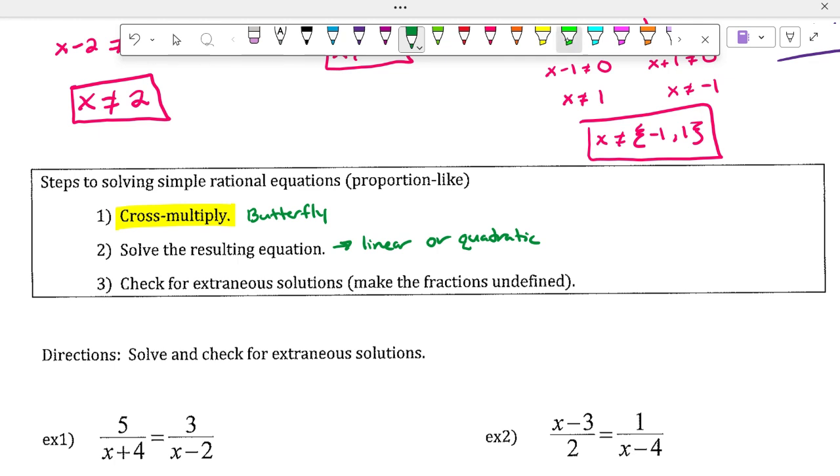And then you need to check for extraneous solutions. What they would do is make at least one of the fractions undefined. If it makes at least one of the fractions undefined, meaning it makes the denominator equal to 0, it's an extraneous solution. And what do we do with the extraneous solution? We throw it out of our solution set.